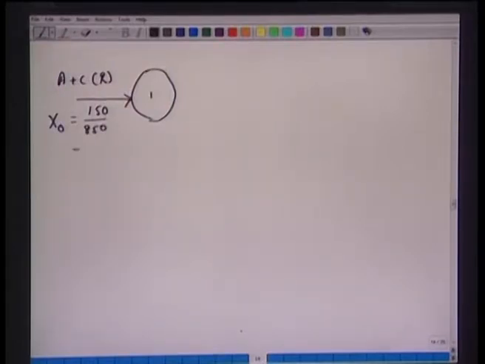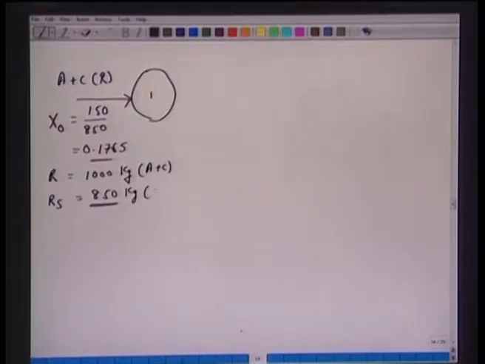So, this is your 0.1765. So, these are mole fractions, solute free basis. We have R given as 1000 kg. So, this would be A plus C, but we are working on solute free basis. So, RS is 850 kg. In other words, this is the solvent, 850 kg. So, this is your only A. C is the transferring component.